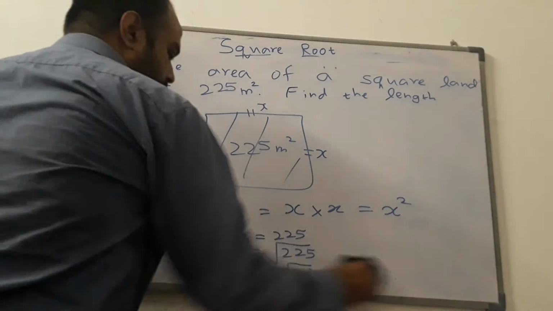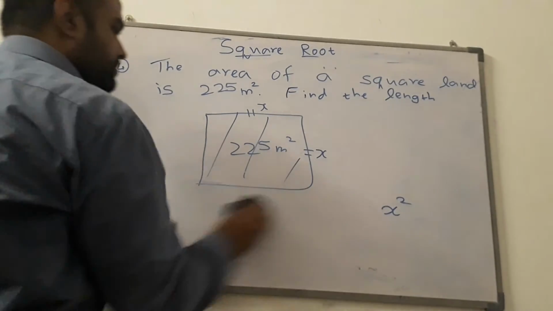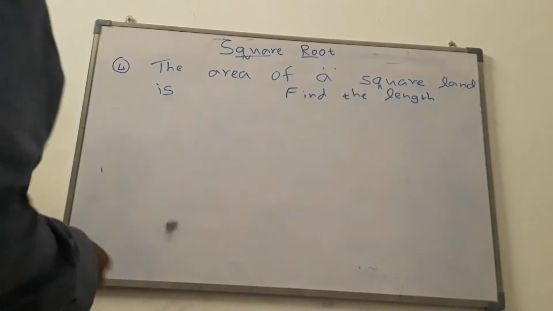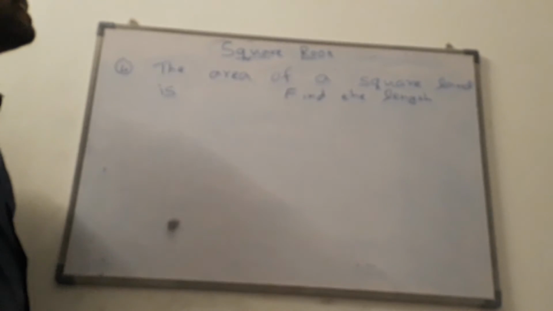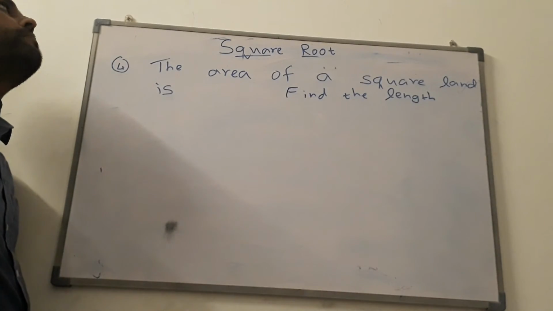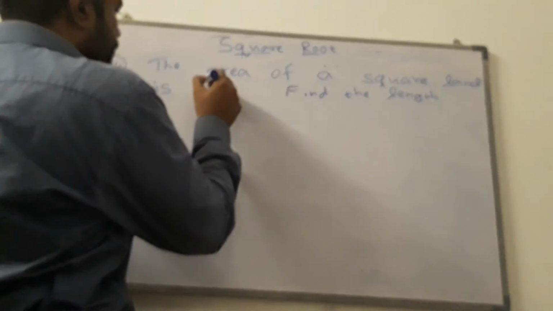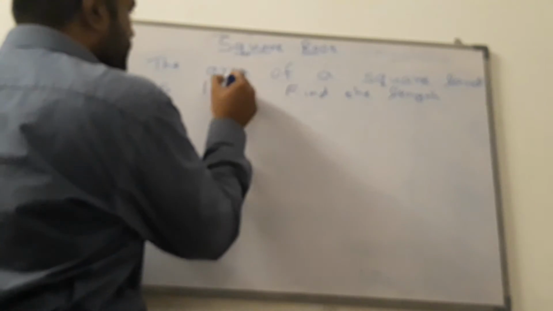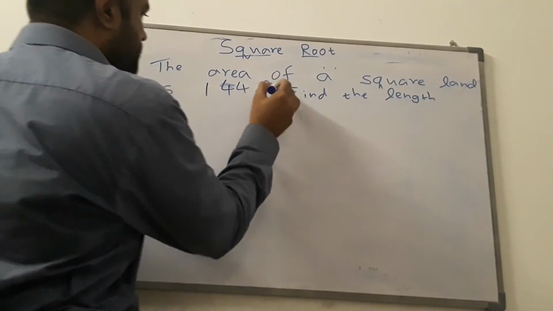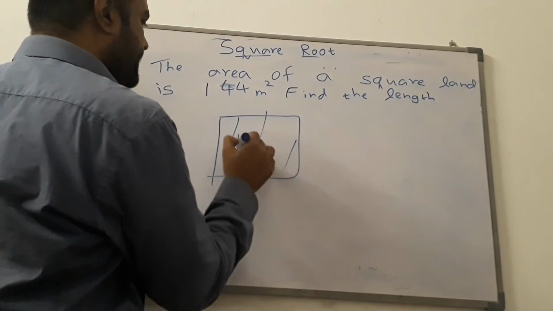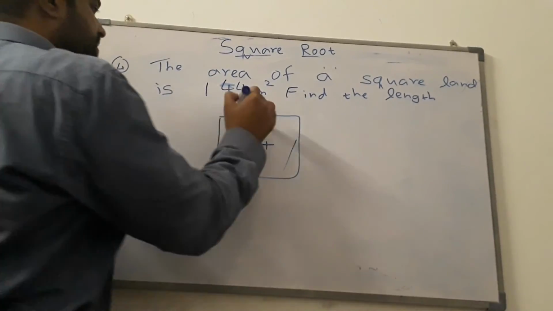Okay, we'll do another sum. Suppose the area of a square land is 144 meters square. Here also area is 144.